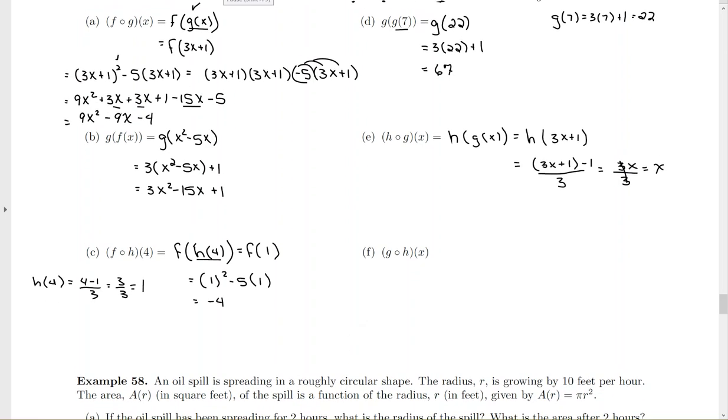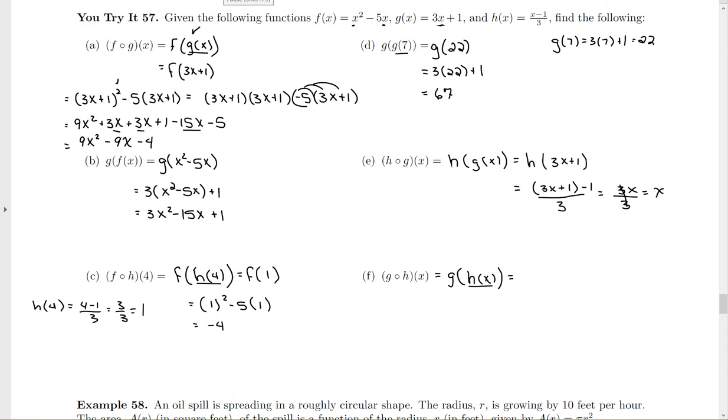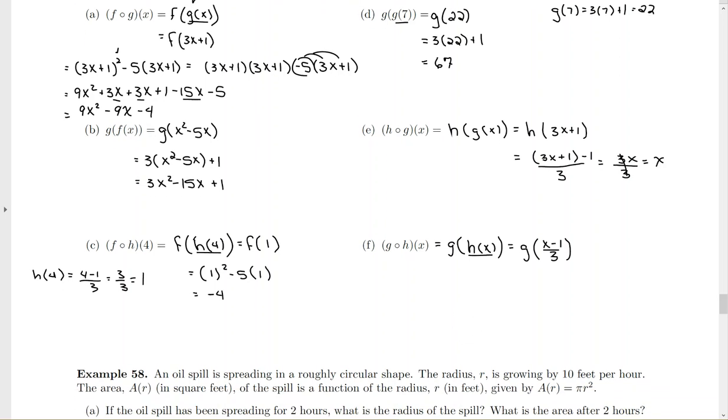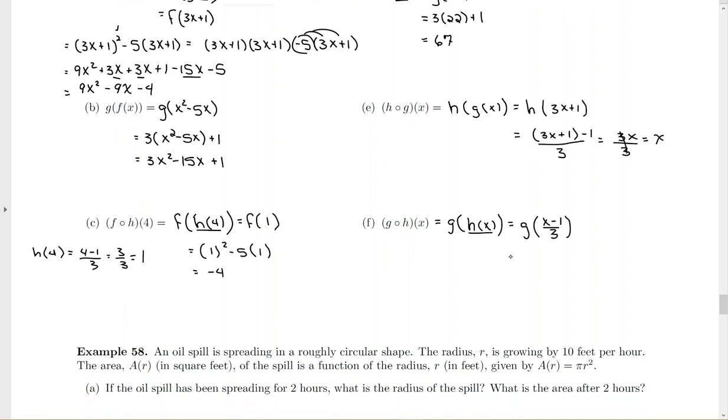All right. A similar idea here, we're going to do g of h of x. So again, you look for the inside function, h of x. I'm just going to take the entire h of x function and plug it in. So that was x minus 1 over 3. Now go to the g function, take out its x, and write down everything else, and then replace it with that x minus 1 over 3.